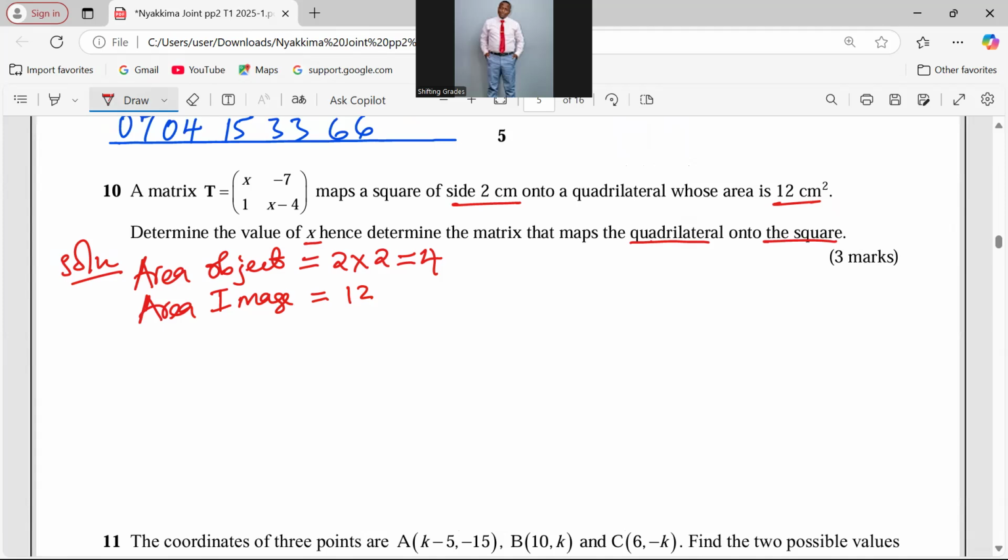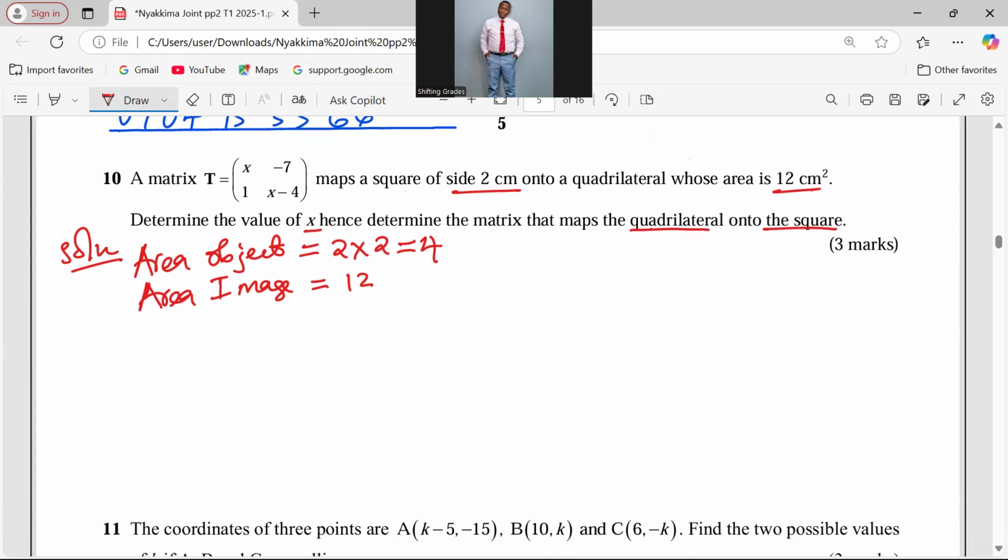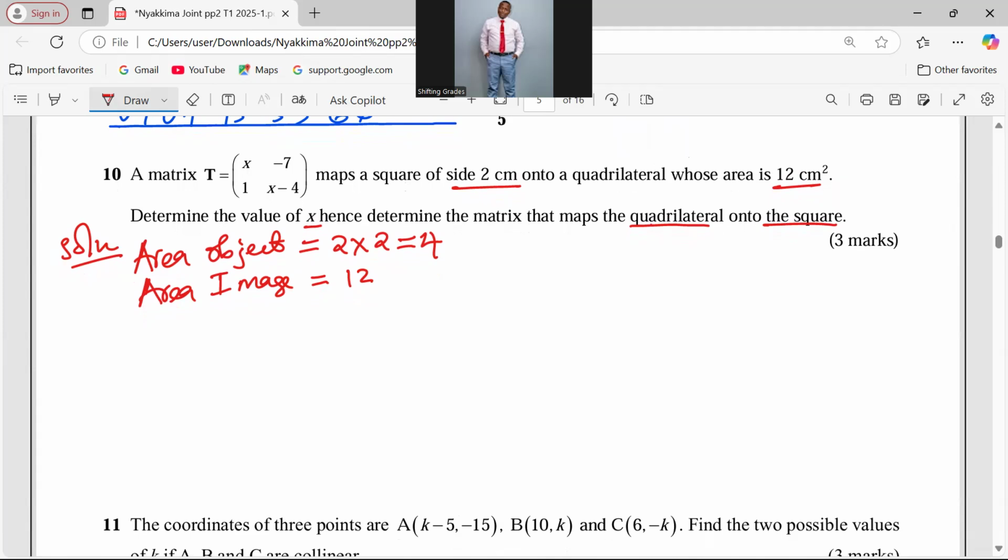So with area of image and area of object, we can obtain something called area scale factor. At this point, we can talk of 12 over 4. This is now 3. So we have an area scale factor of 3.